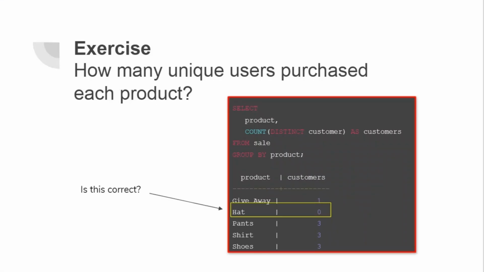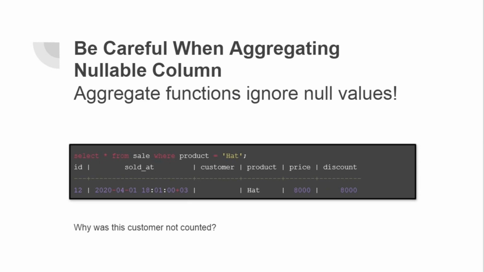So this leads us to the next common mistake, which is often overlooked: aggregate functions usually ignore null values. We can see that the one customer that purchased a hat is an unknown customer, so the customer column is null.